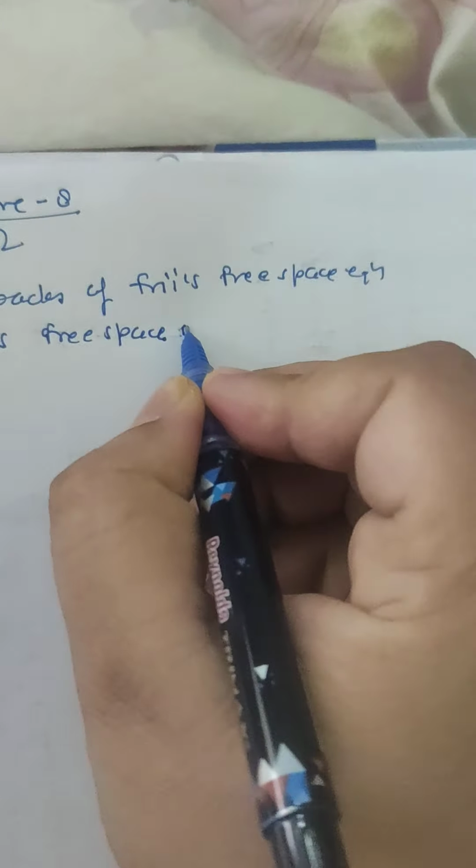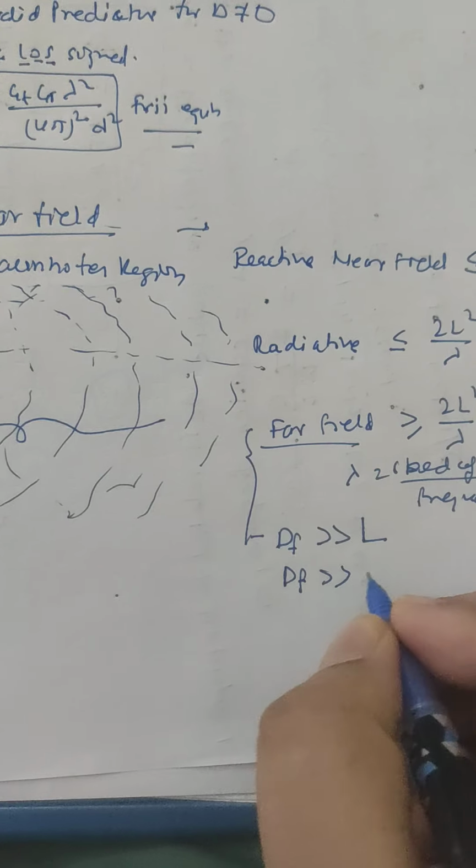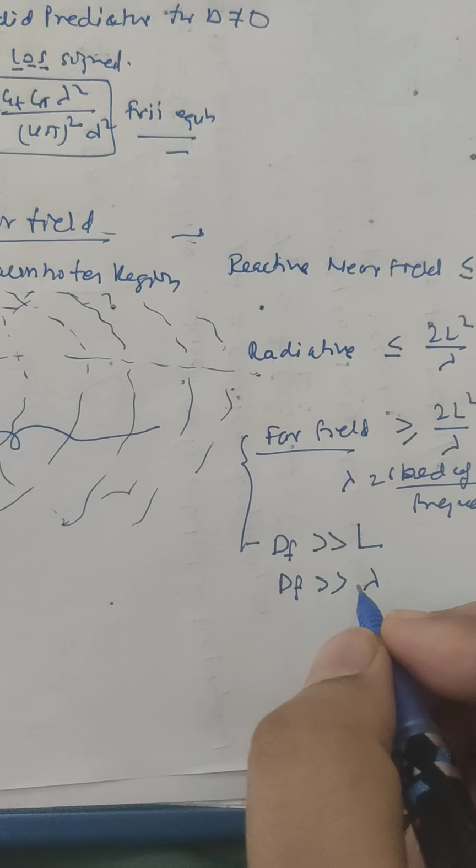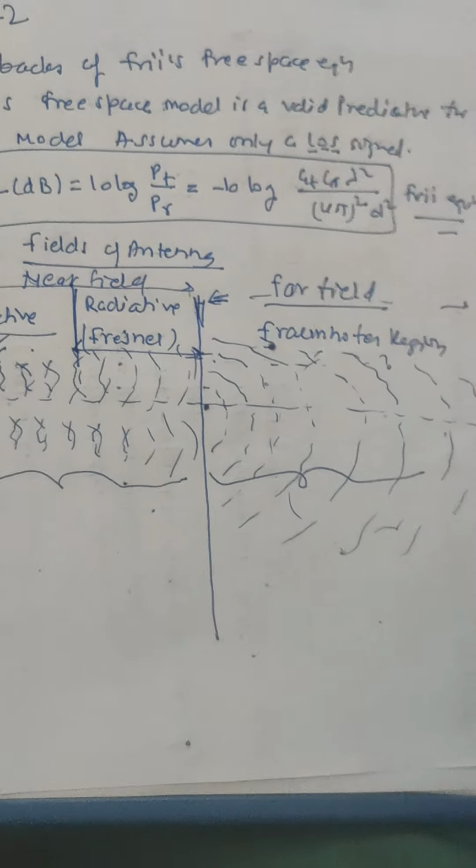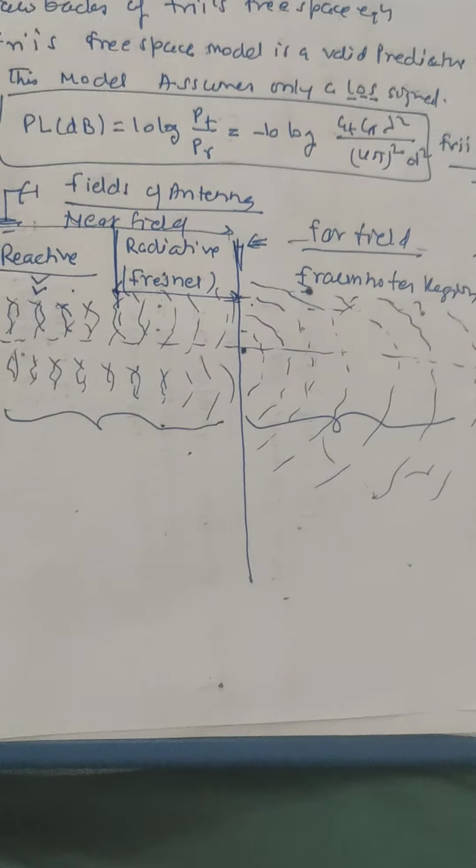One is for Fraunhofer distance, which is much greater than the physical dimension of the antenna, and also much greater than the wavelength of the propagating EM waves in free space. So these are the distances for the far field.